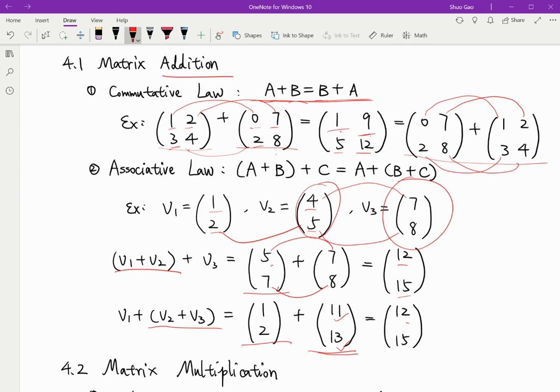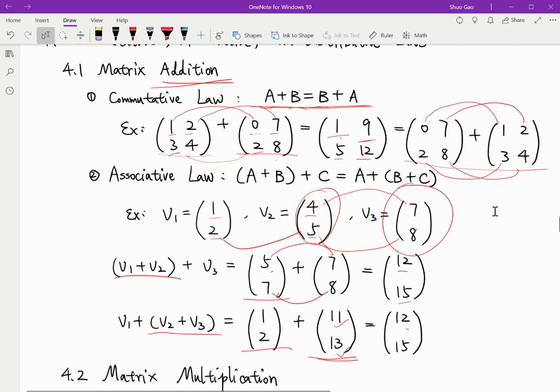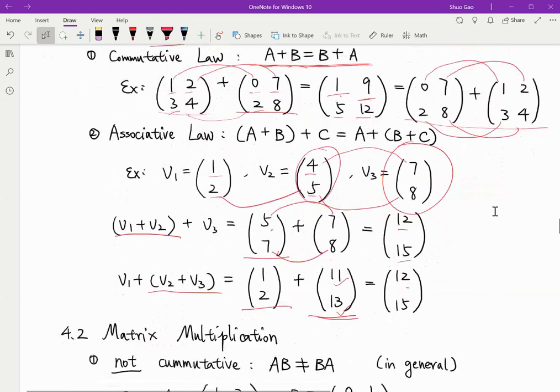So the combination of the matrices when we are doing the addition doesn't matter. So this is called associative law of matrix addition. We only talk about addition here in the first part. So for the addition, the order and the combination don't affect the result.